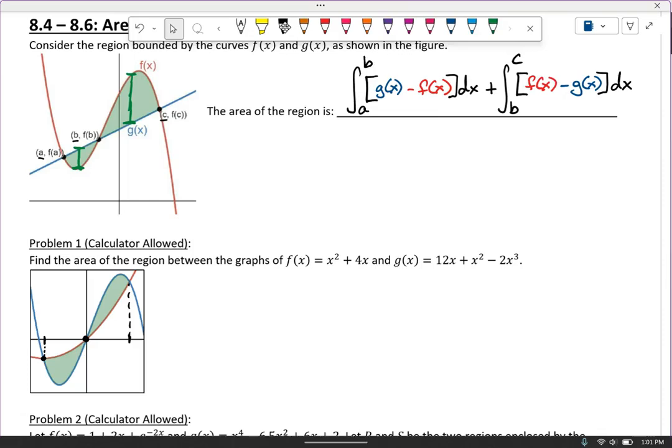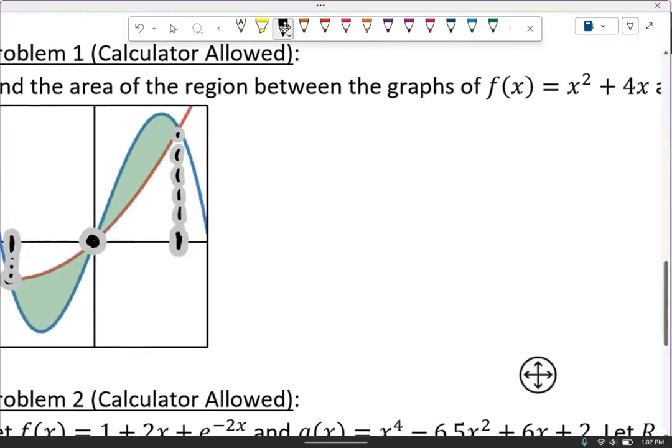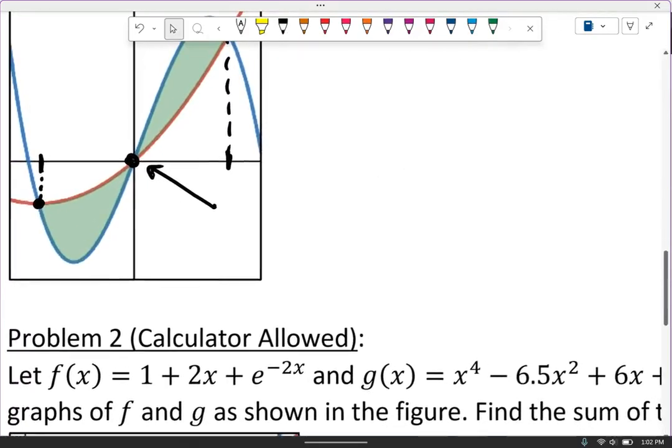Okay, one thing I want to note on your TI calculators or Casios, it can happen on any of these. Desmos tends to not do this. If you have an intersection that looks like it's at 0, which like that one looks to be at 0, and I'll tell you it is at 0, okay? Sometimes the TI calculators, and this can really differ from calculator to calculator.